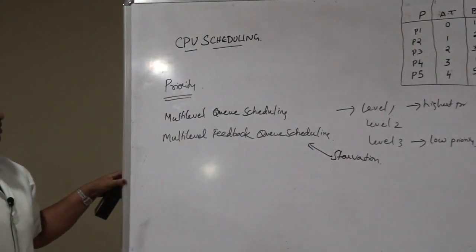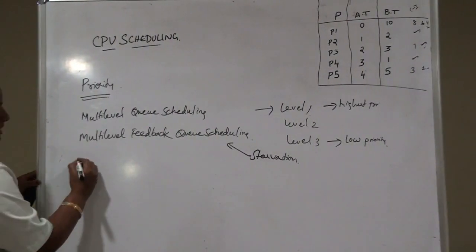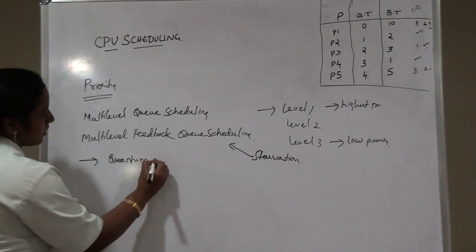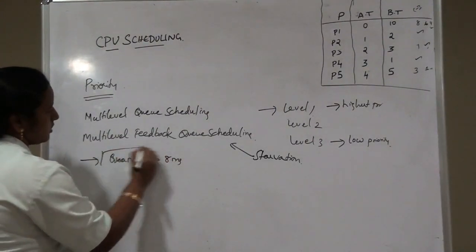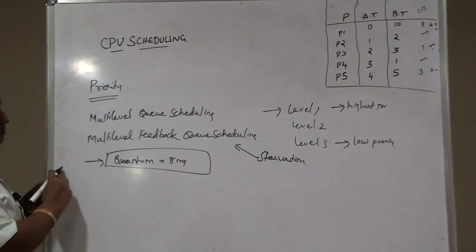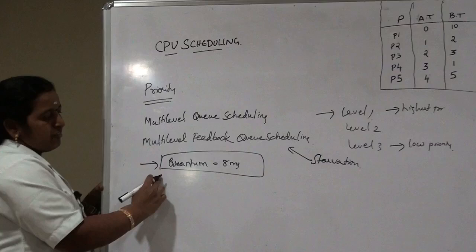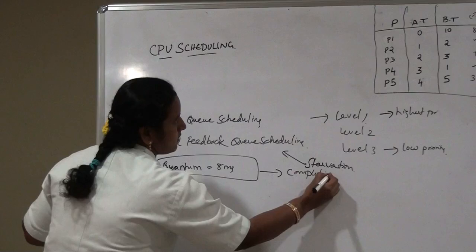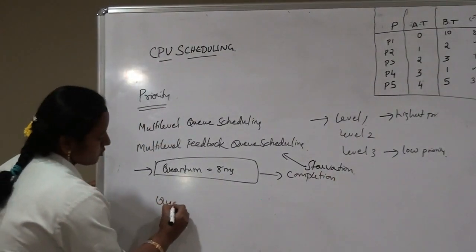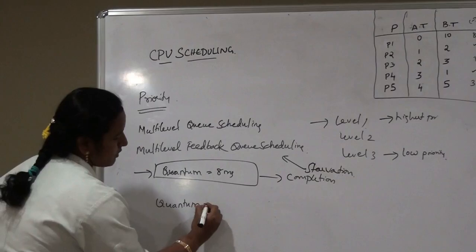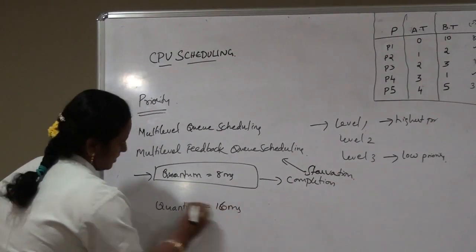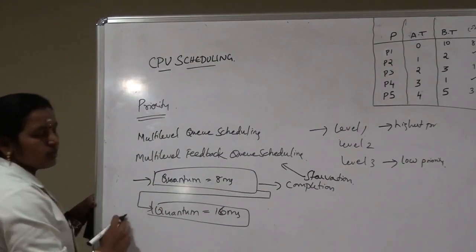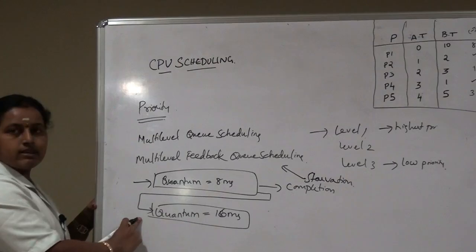In multi-level feedback queue scheduling, for example, if a process uses the round robin algorithm with a time quantum of 8 milliseconds, this is the highest level. If it completes, the process goes to the exit state. If it does not complete, for the next level I fix the time quantum equal to 16 milliseconds, and its unfinished output is given as feedback to the next level.